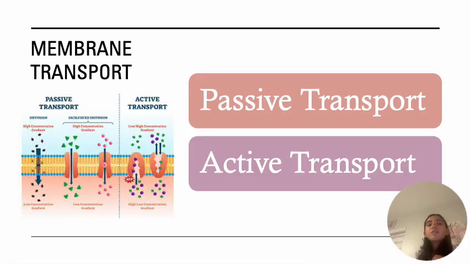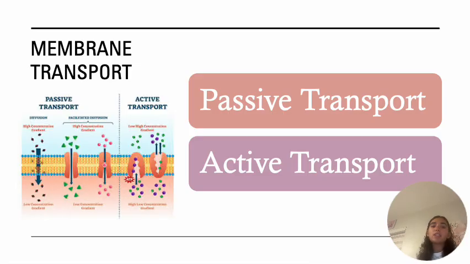We also have active transport, which requires energy, which is ATP. This includes things like the ion pump, which moves ions against their gradients, as well as endocytosis and exocytosis, which bring material into or release material out of the cell. These processes are possible because the membrane is selectively permeable.